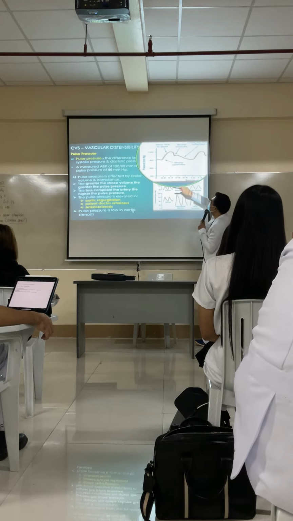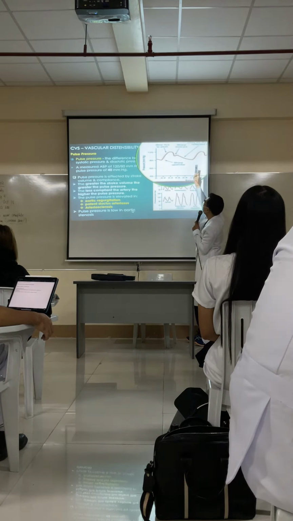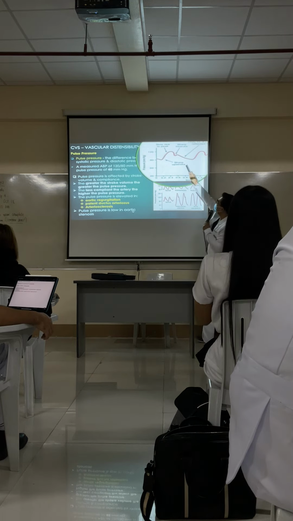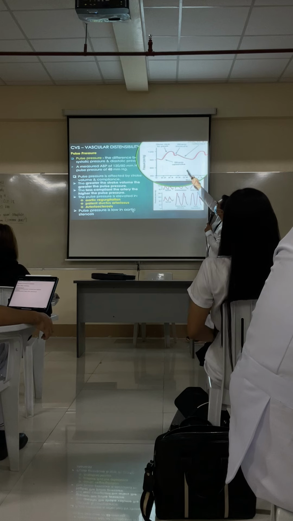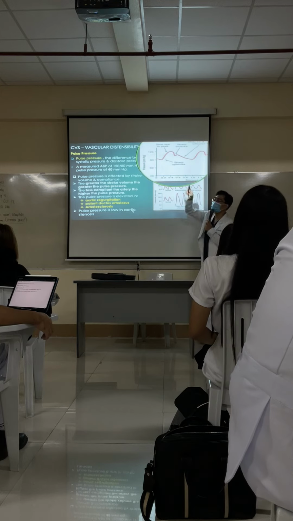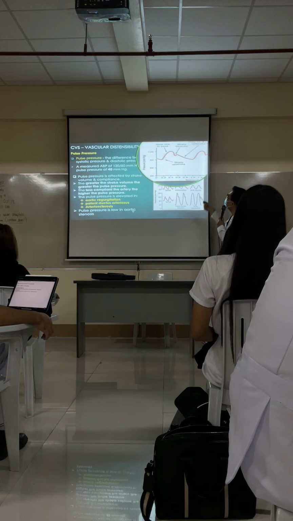So, you will have systole, aakyat siya, and in diastole, bababa siya. So, ano ang systolic pressure niya? 120? Sa baba, anong diastolic pressure niya? 80. So, pagbaba niya, imbis na diretso yung bababa, you will see a sharp incisura. That is because of the closure of the aortic valve.